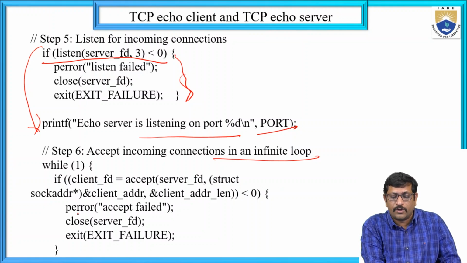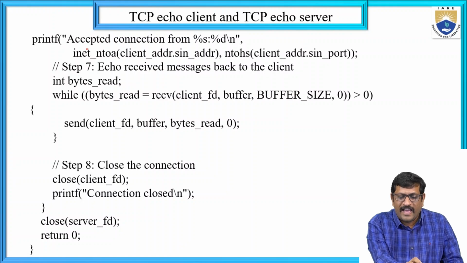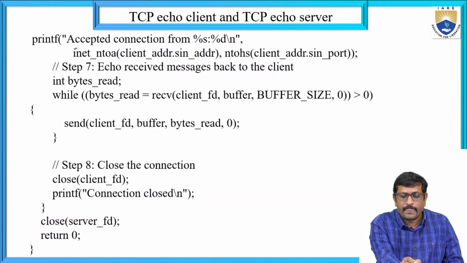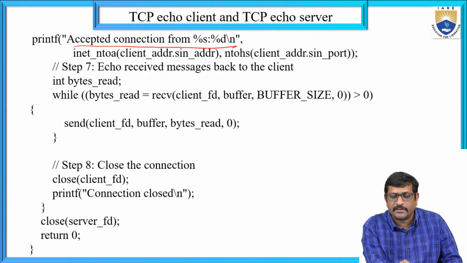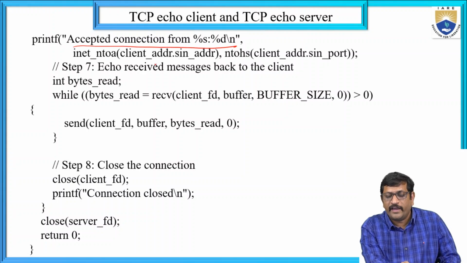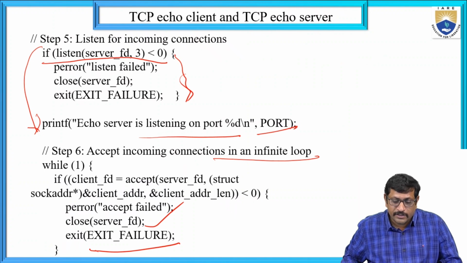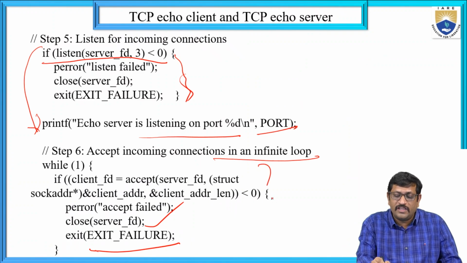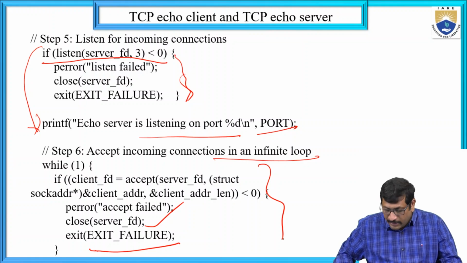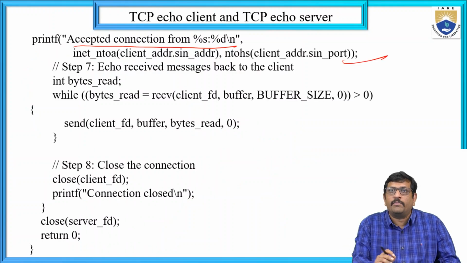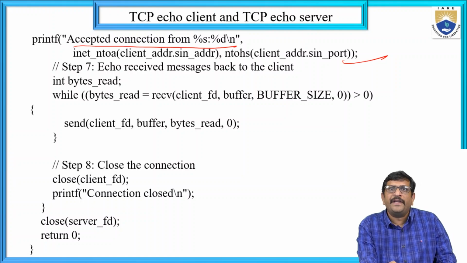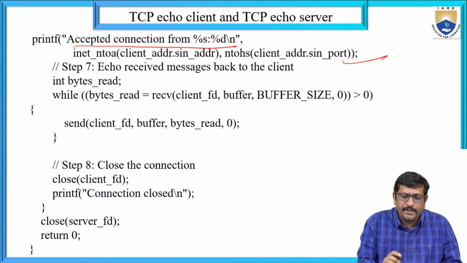If it is less than or equal to 0, perror accept failed, close server FD, and exit with failure. Otherwise, print accepted connection from the client, using inet_ntoa of client address sin_addr and ntohs of client address sin_port. By using all this code, we can accept incoming connections in an infinite loop and print the accepted connections.